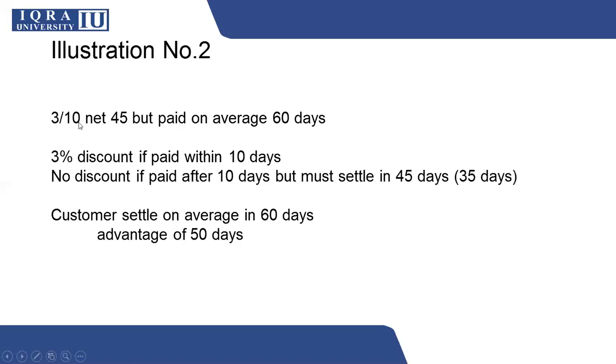If you are not paying in 10 days and you are stretching it to 60 days, it means that you are successfully taking advantage of 50 days. But keep in mind that of course you are availing this advantage of 50 days, but you are losing this 10% discount, because this discount was only available if you are paying it up to 10 days.